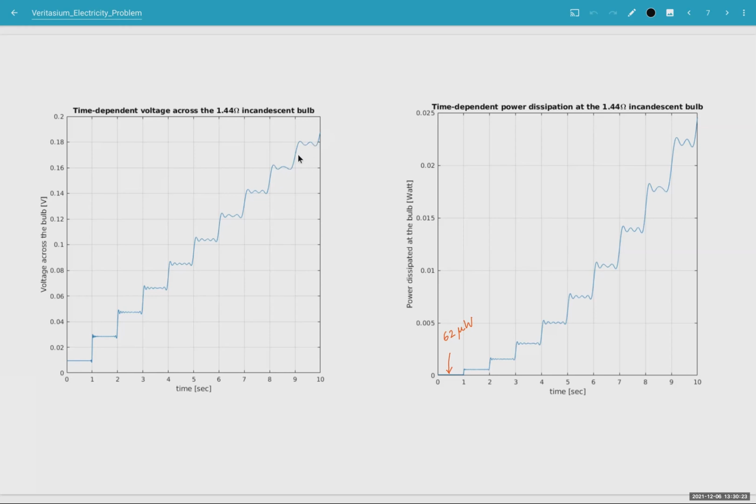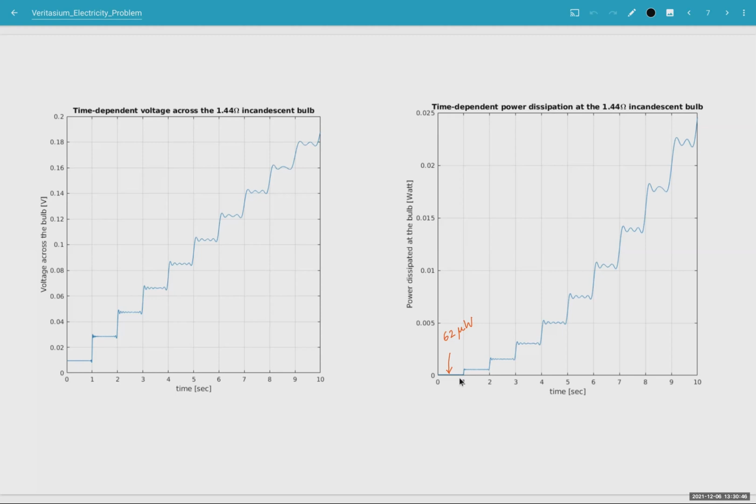This is a very slow process, and the reason this signal is rising slowly is because there is inductance in this wire, a huge inductance in the wire. And as we'll see later, that becomes more clear as we simulate or calculate for much longer times.